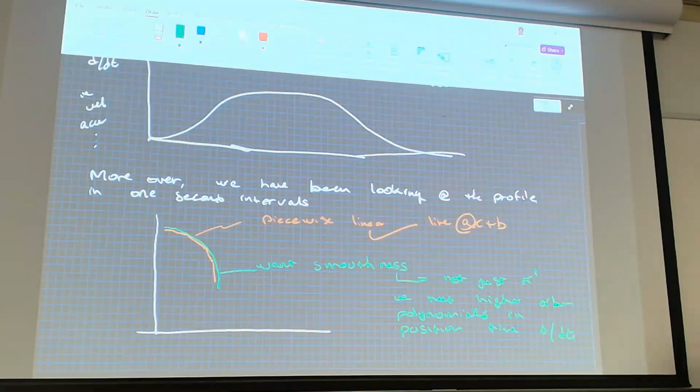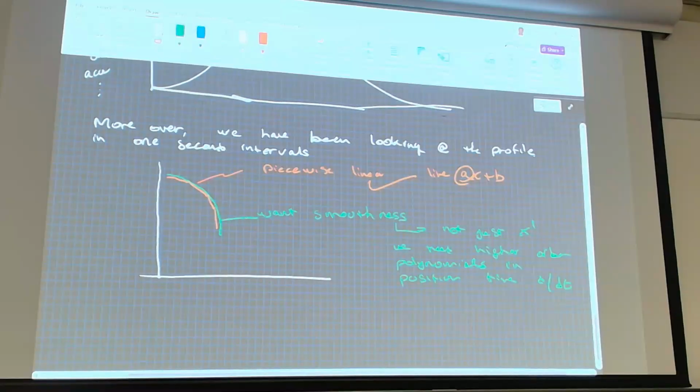Higher orders of polynomial motion. So higher orders of positional time derivatives describing motion.